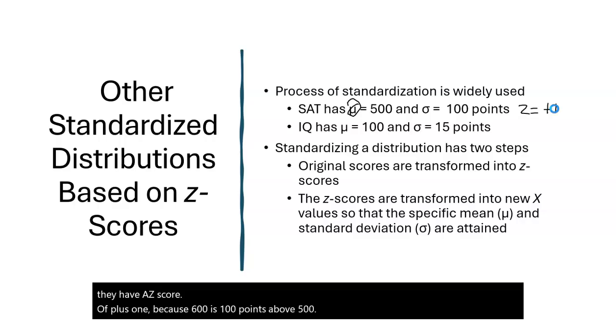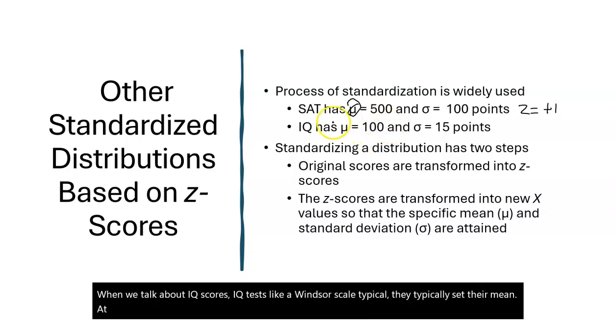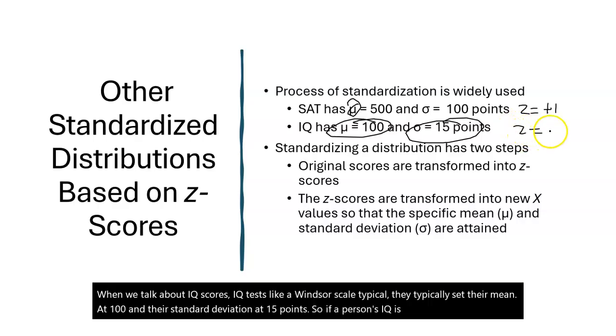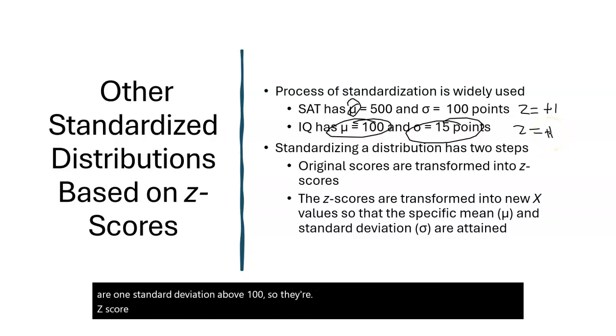When we talk about IQ scores, IQ tests, like a Wechsler scale, they typically set their mean at 100 and their standard deviation at 15 points. So if a person's IQ is 115, that means that they are one standard deviation above 100, so their z-score would be +1.